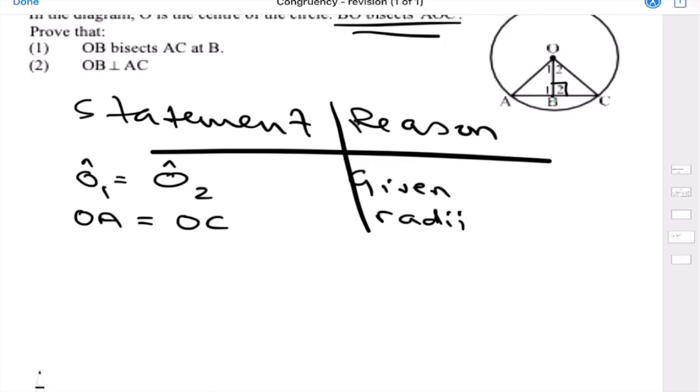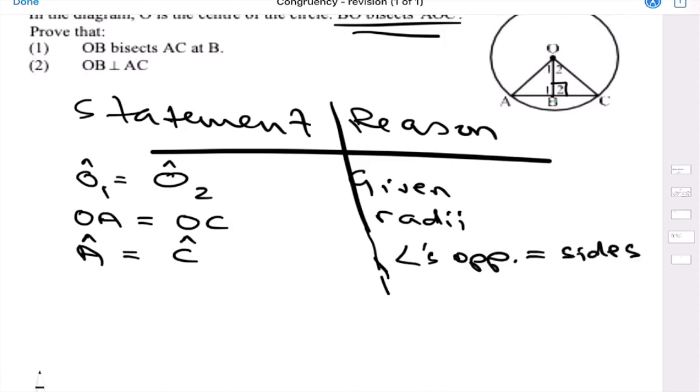And therefore angle A is equal to angle C, and these are angles opposite equal sides. Those sides being OA and OC.